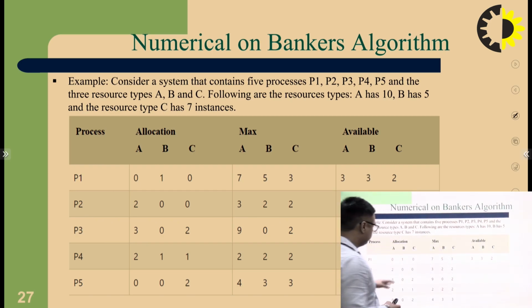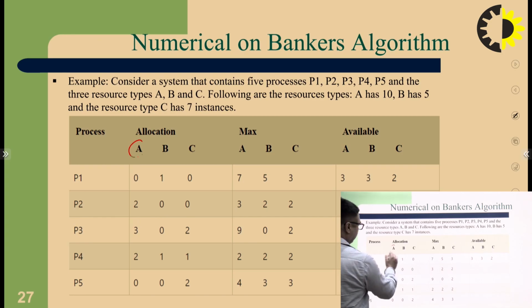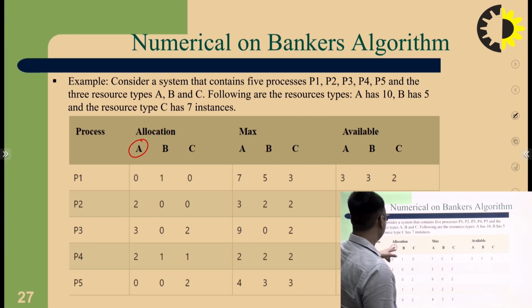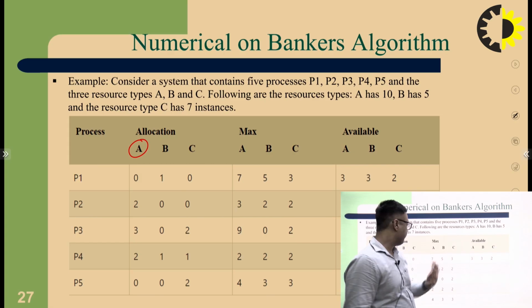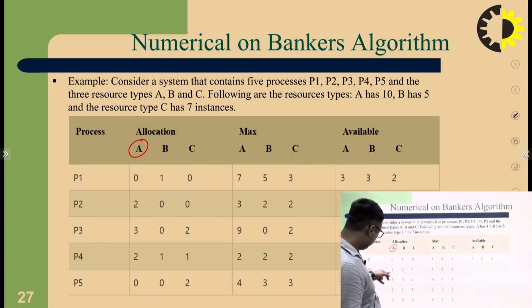First you check resource A. The maximum number of available resources is 10, but here 3, 5, 2 and 7 are allocated.